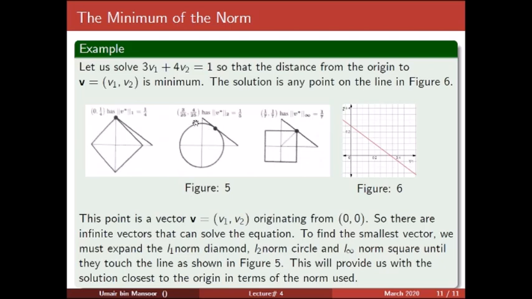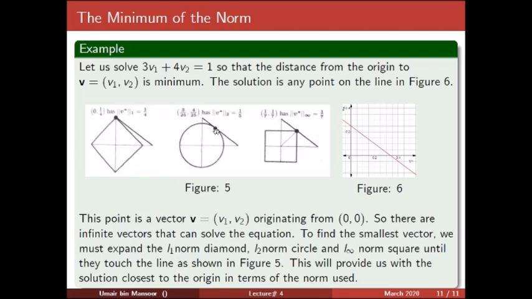Let's look at the solution given by the L2 norm. What we are going to do is increase the norm of the vector space, and keep on increasing until the norm touches the first point, or is tangent to the circle.